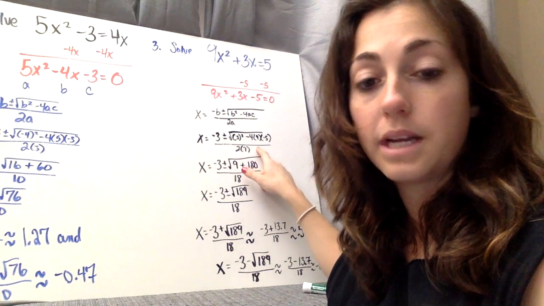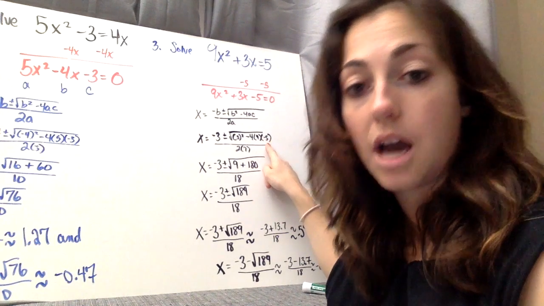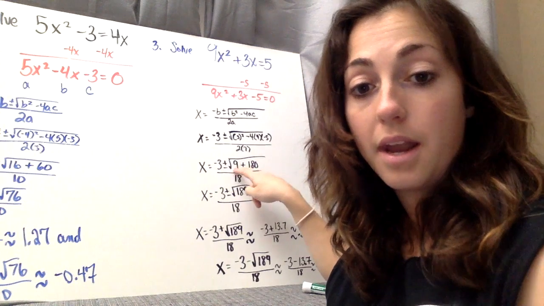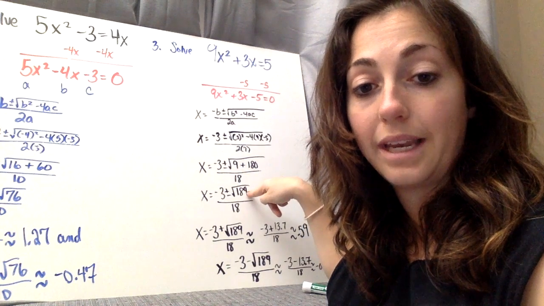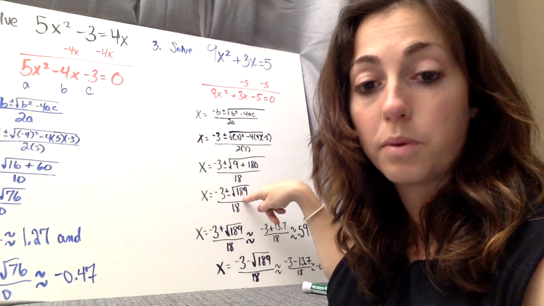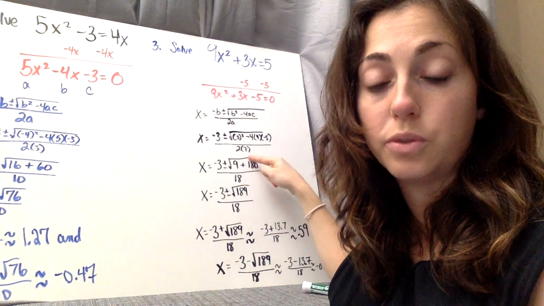Negative 4 times 9 is negative 36. Negative 36 times negative 5 is positive 180. 9 plus 180 is 189. So I have negative 3 plus or minus the square root of 189 divided by 18. That 18 came from 2 times 9.